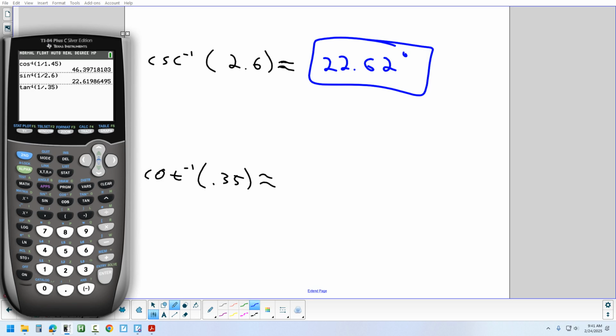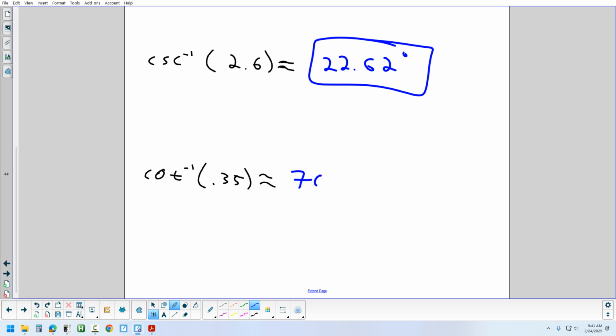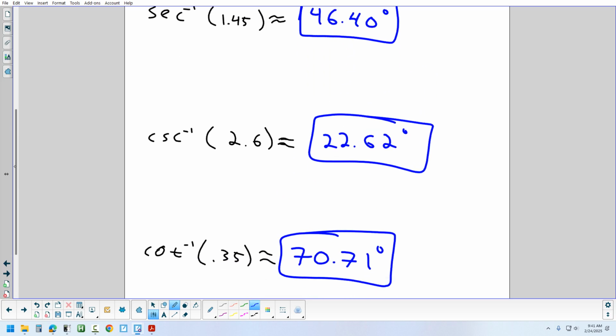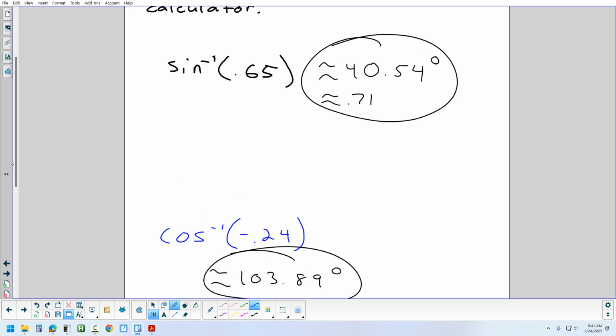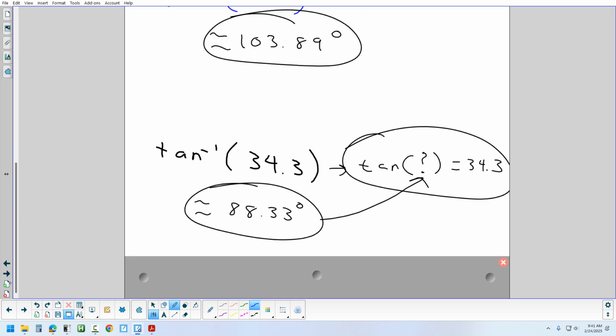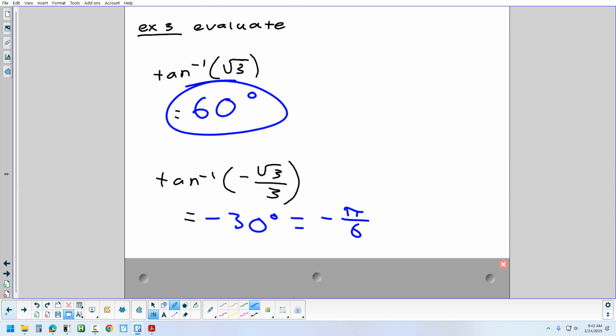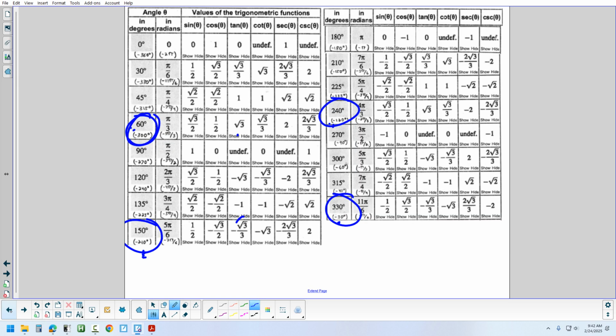You're trying to find an angle that you can take the cotangent of and get 0.35 as the answer. And the angle is 70.71. That's the answer. Okay, so now you know how to do the inverse trig if it's one of the three that you don't have a button for, or if it's one of the three you do have a button for, or if it comes out to a nice answer, now you know how to use that chart.